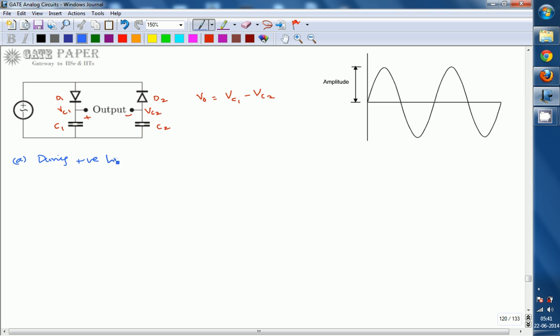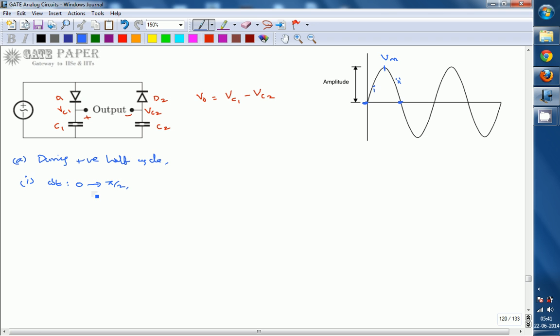The signal is initially increasing from 0 to Vm, later it is decreasing from Vm to 0. So I am taking these as sub cases. The first one is whenever omega t is between 0 to pi by 2.